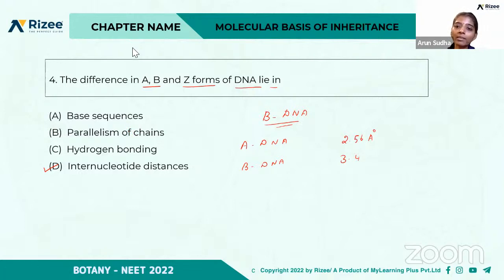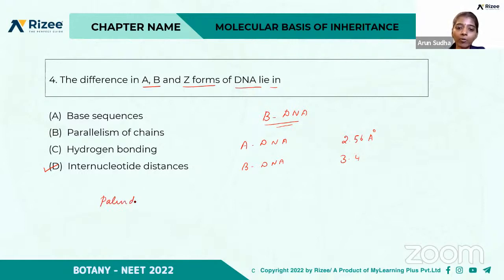So those factors won't change, but there is a difference in the internucleotide distances between A, B, and Z form of DNA. Only Z DNA is the left-handed form, and the others are all right-handed DNA. They also differ in the number of base pairs per turn, the diameter of the helix, and the distance between the base pairs.